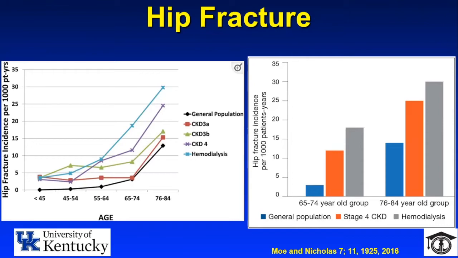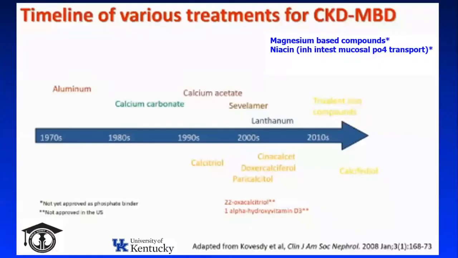So they can have a fracture even without trauma, what we call a fragility fracture or low-trauma fracture, just with a minor fall in the kitchen or bathroom, or when they slip down, they can fracture one of their major skeleton, especially the hip and the vertebrae. And of course, this rate of fracture correlates with the degree of kidney function.